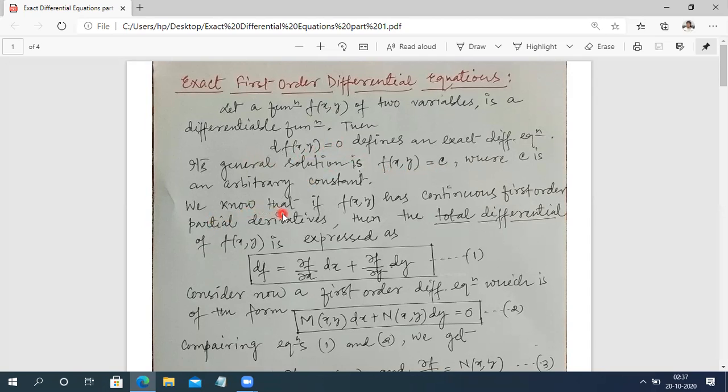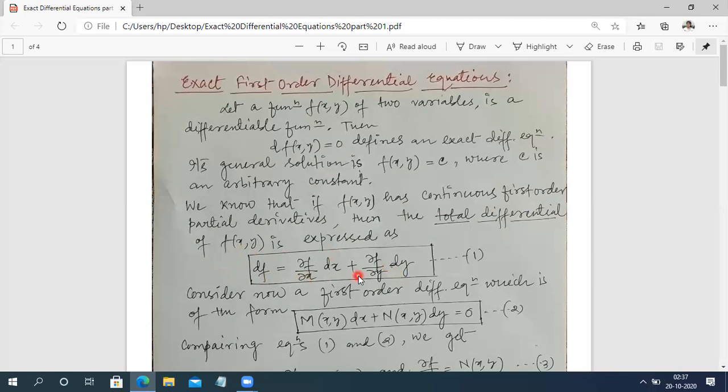Now we know that if f has continuous first order partial derivatives, then the total differential of f is expressed as df = ∂f/∂x dx + ∂f/∂y dy.